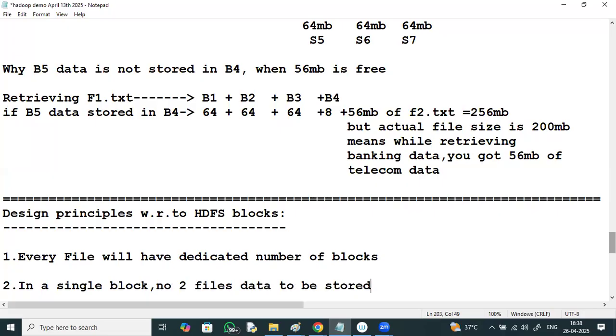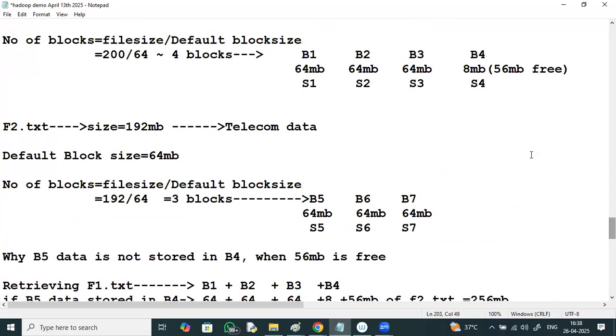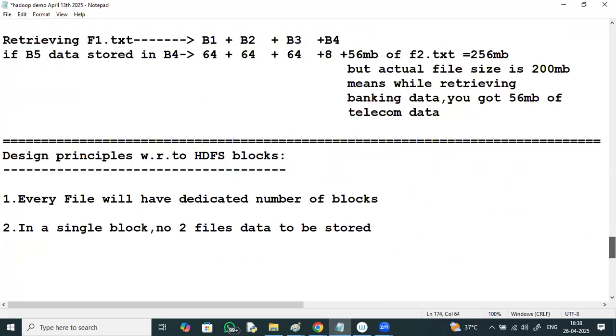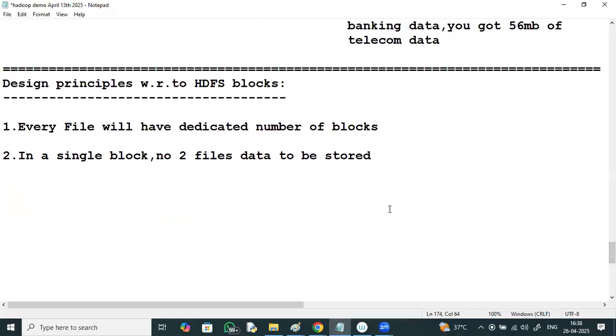Even if your file size is too small and 56 MB is free, you cannot store two files in a single block, because when retrieving that block, you would get both files' data.